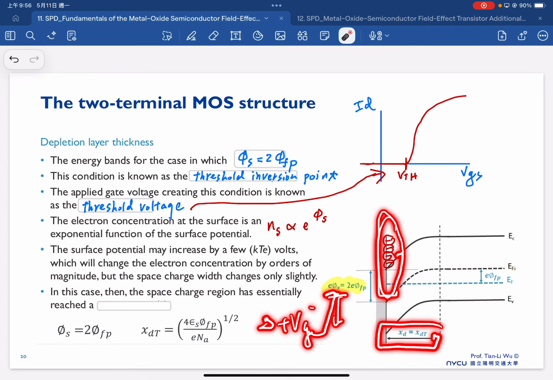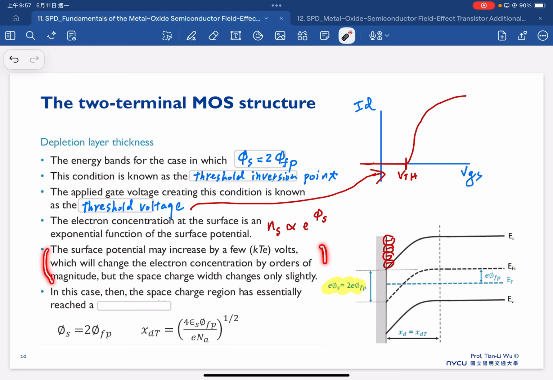As long as you increase the additional bias, you will see additional generation of charge here rather than continued expansion of the depletion width. That's what this sentence tries to illustrate. So in this case, the space charge region has essentially reached a maximum width.